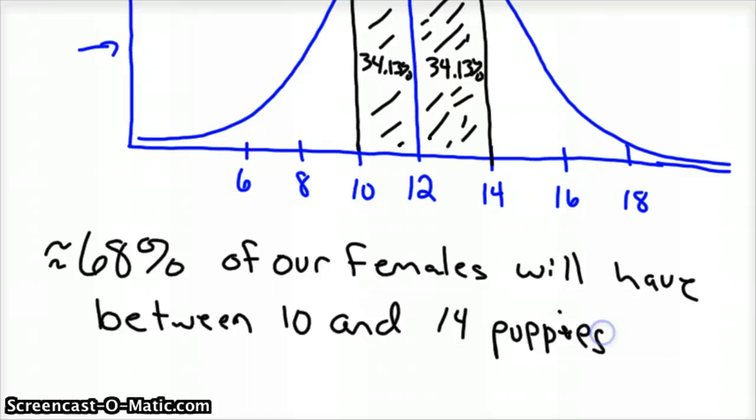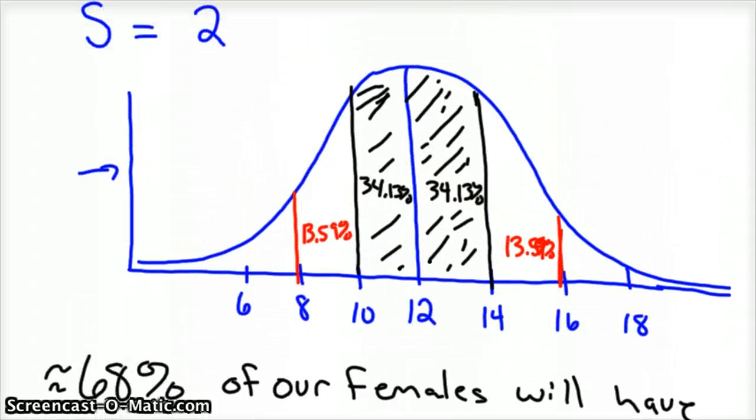And if you want more accuracy, you've got to go out 2 standard deviations. And if you go out 2 standard deviations, I'll do that in red. Now we have an even bigger spread, and you can add on another 13.59%. That's a little more accuracy than we need here, but 13.59% if you add it on each side.